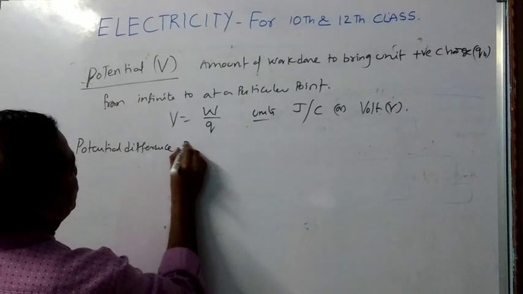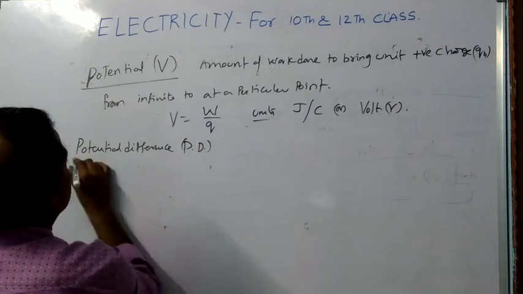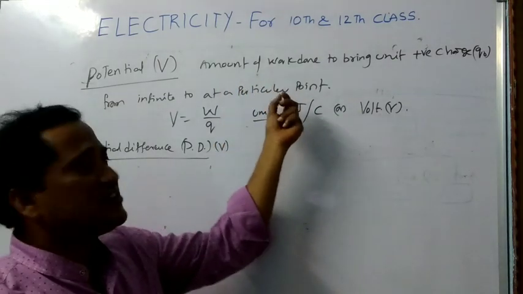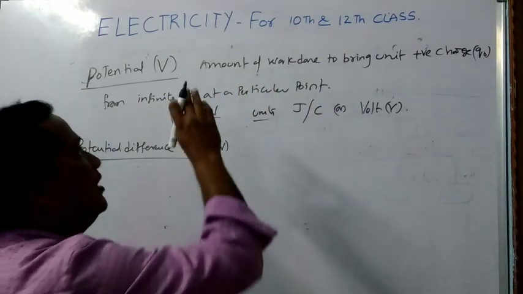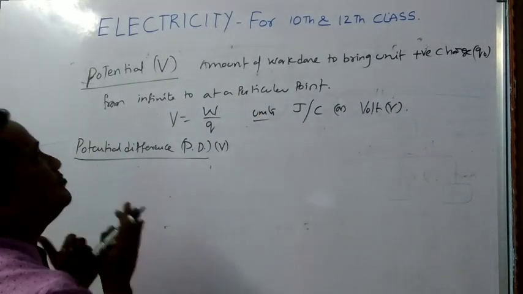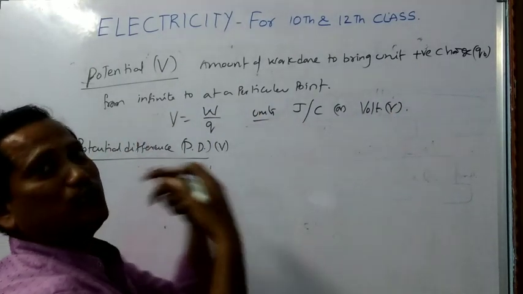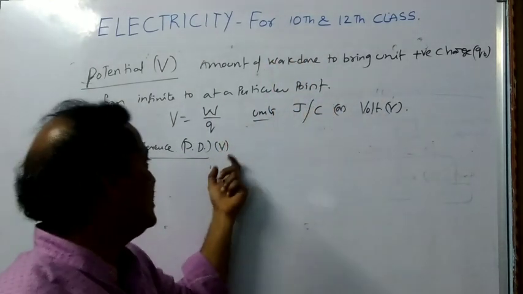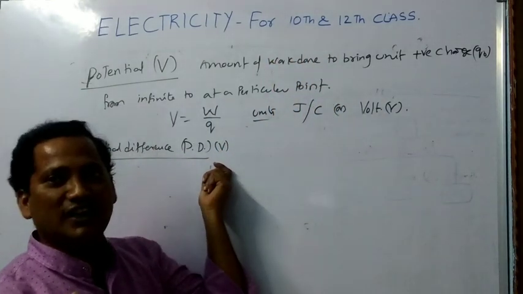Or simply you can say P. Same symbol. Now, in this definition, a slight change will be there. That is, the amount of work done to bring unit positive charge from one point to another point. Here, in this case, difference means two points should be present.